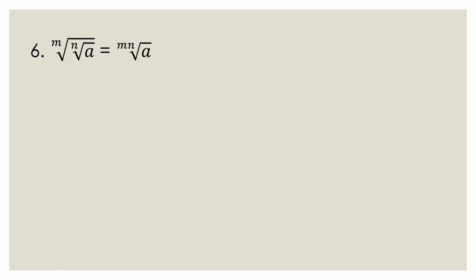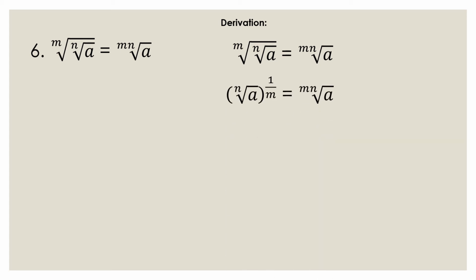The next law is the mth root of nth root of a, that is equal to mn root of a. So here is the derivation. We have here the mth root of nth root of a, that is equal to mn root of a, wherein the mth root of a quantity raised to the power of 1 over m, and then a raised to the power of 1 over n quantity raised to the power of 1 over m is equal to mn root of a.